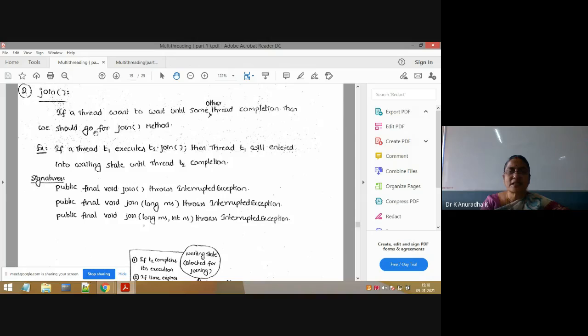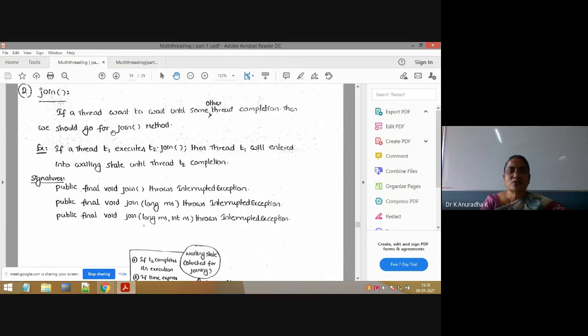Inside the thread T1, I am writing T2.join. What does it mean? First T2 completes its execution. After the completion of thread T2 only, T1 completes its execution. Till the completion of the second thread T2, T1 will wait in the waiting state.